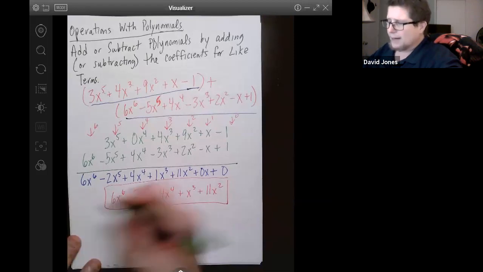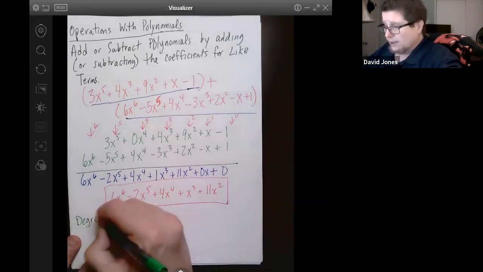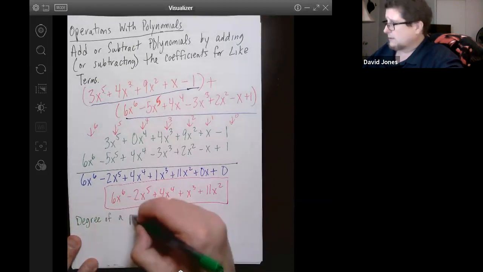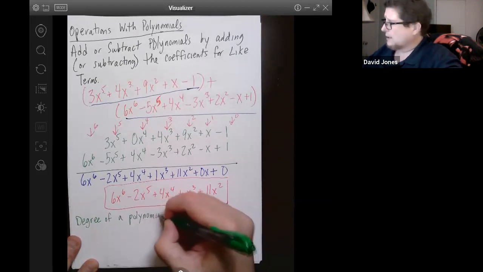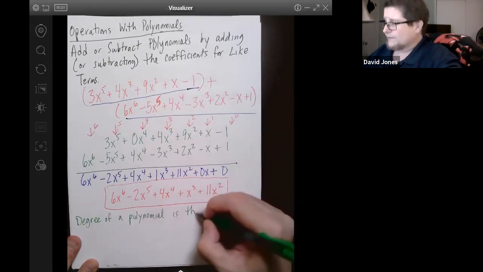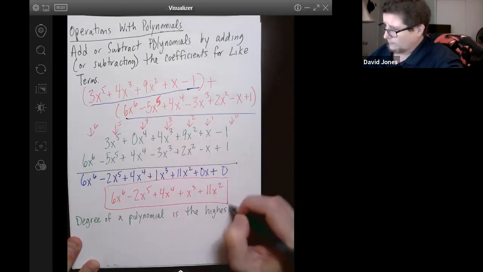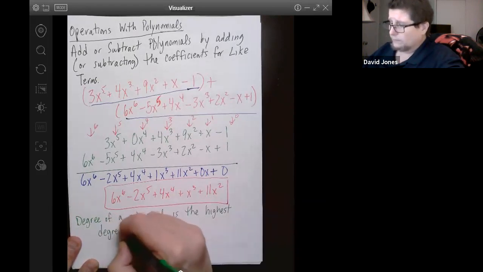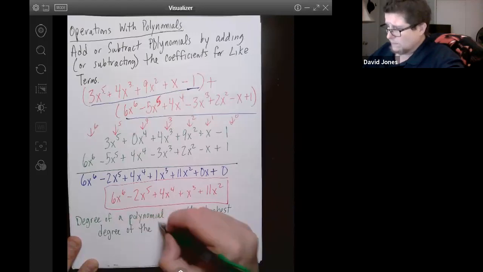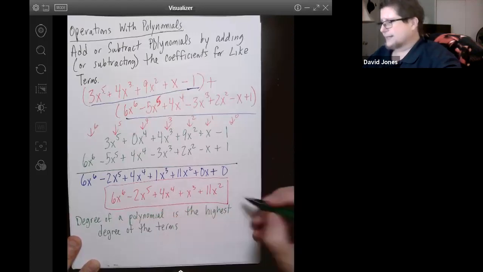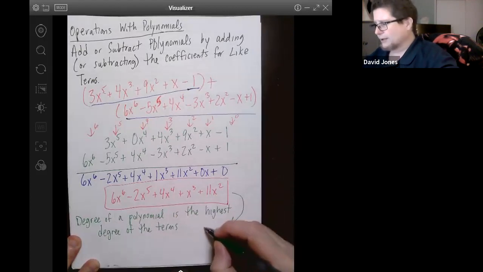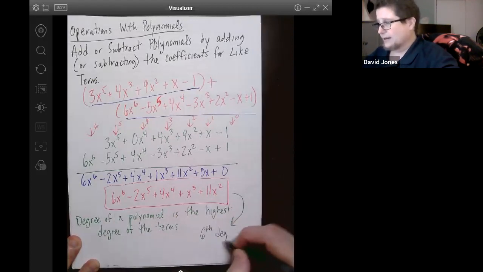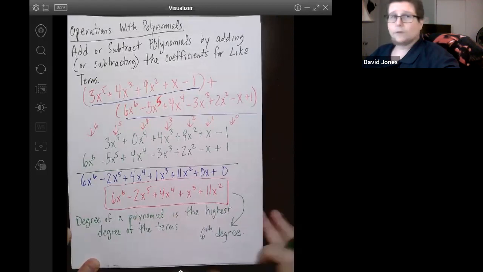And then when we talk about the degree of a polynomial, the degree of a polynomial is the highest degree of the terms. So in this case, the biggest degree is going to come from x to the 6th. This polynomial is 6th degree. Okay?